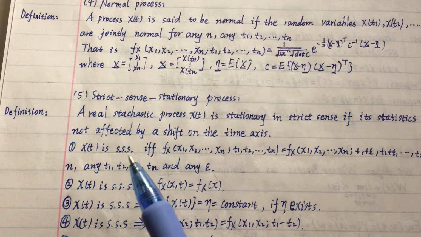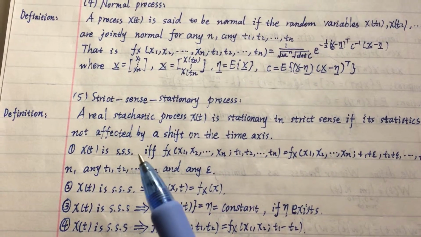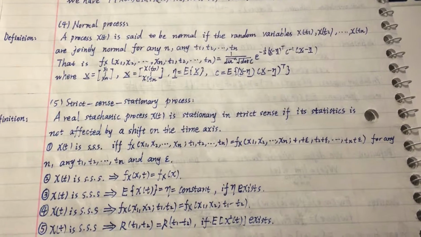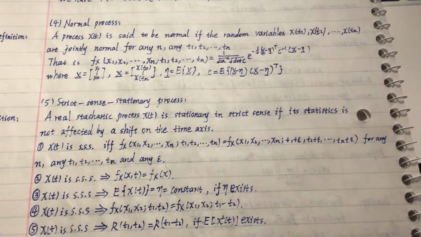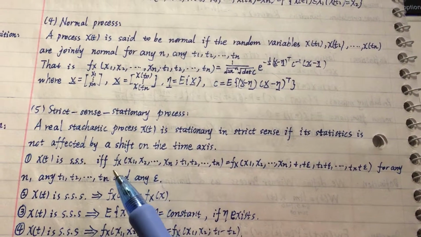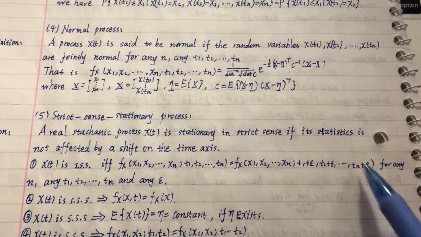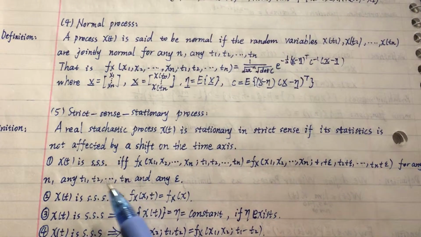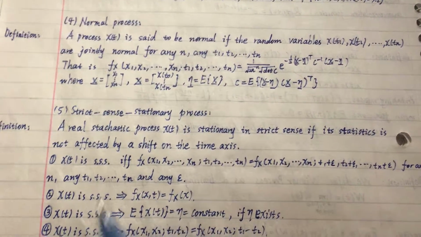x(t) is SSS, strict sense stationary process, if the density function meets the requirement like this one for any n, any t1, t2, and so on, and any shift.